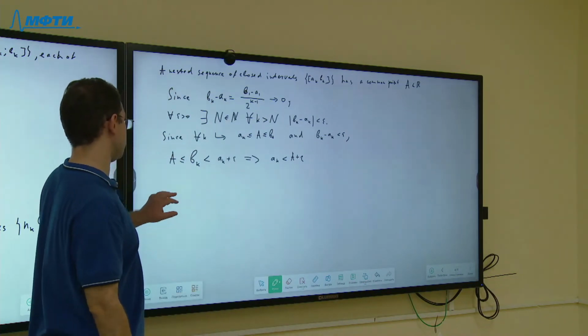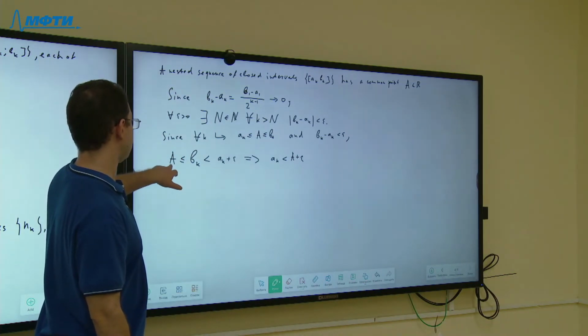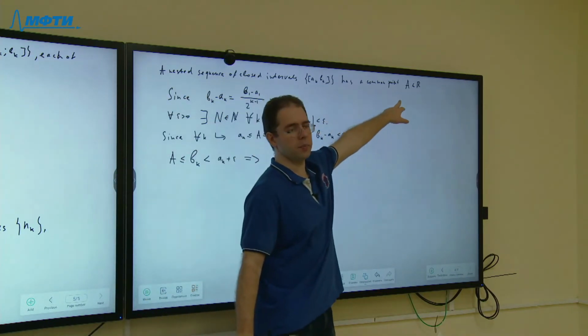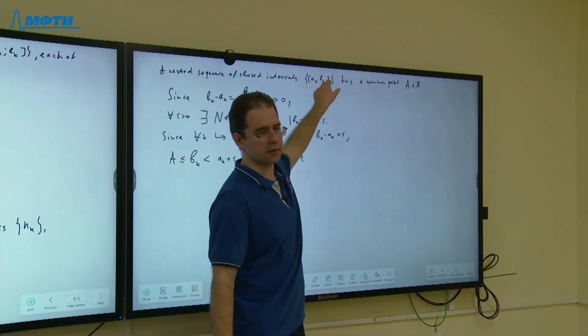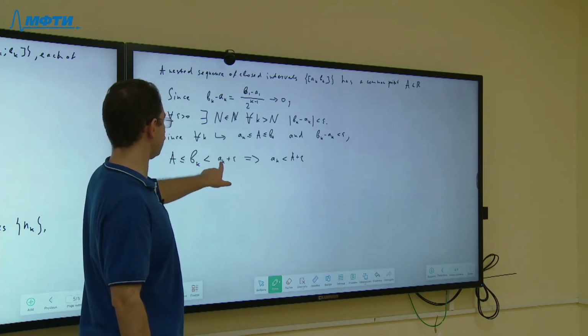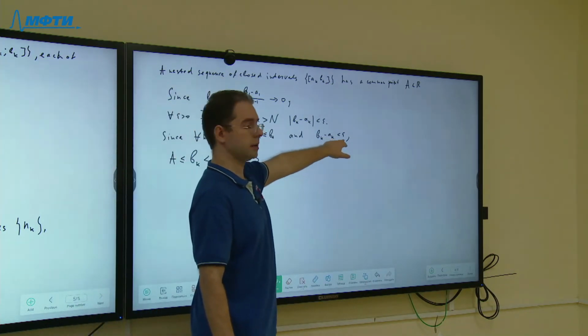Let's check it once again. So a is less than b_k because a is a point that lays inside this interval. And b_k is less than a_k plus epsilon because of this part.